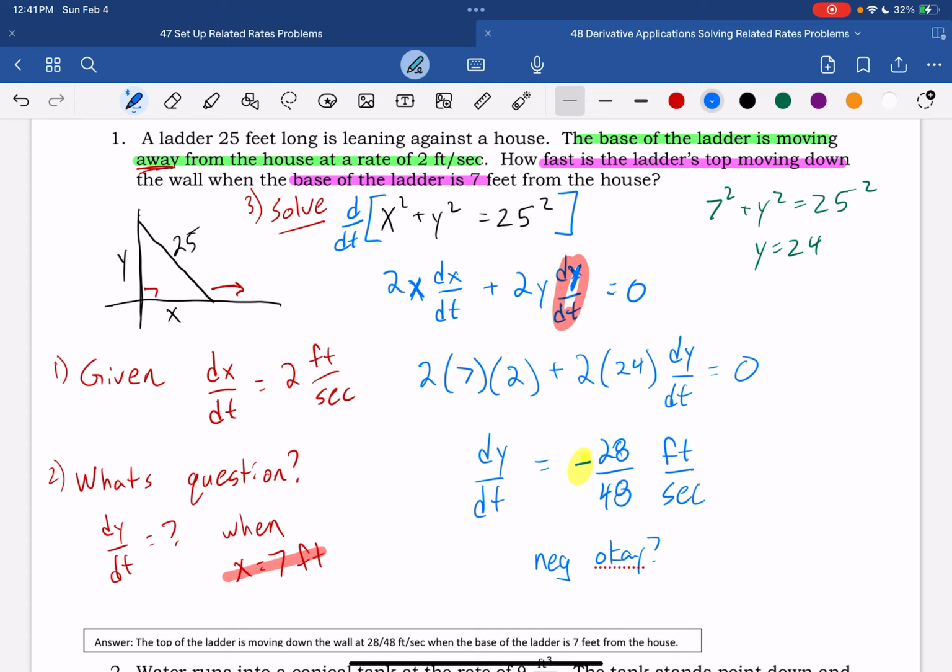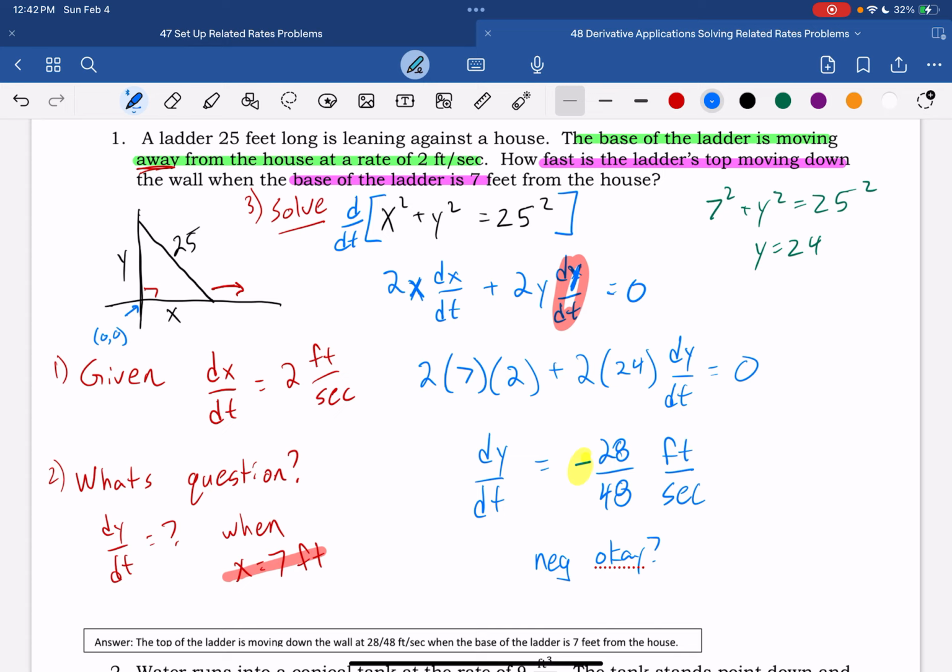If we're moving either down or to the left, both of those are going to imply negative, because essentially what we've done in the problem is we've defined this point here to be our 0, 0. If we were to lay this problem inside of a coordinate plane, that would be the origin, the intersection there between the ground and the base of the wall. And so, yes, we're okay with it being negative.